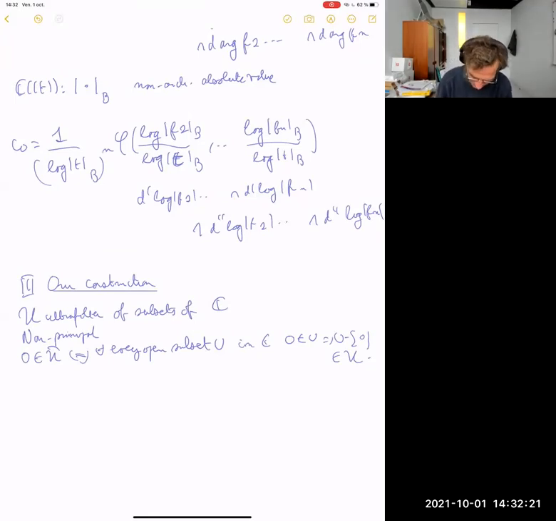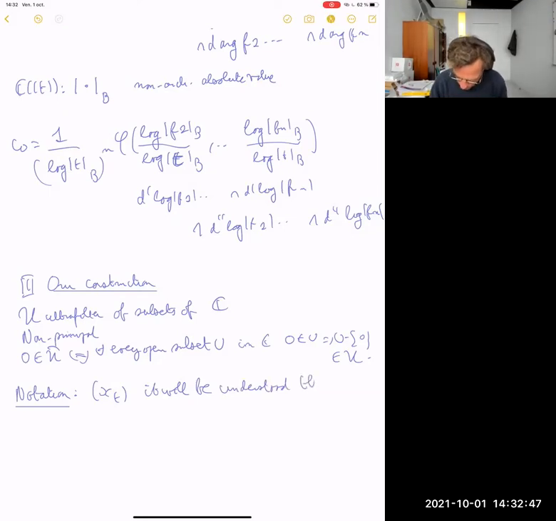This is the idea. By notation, if I take something with t as a parameter, as an index, it will always be understood that t belongs to some subset U of C belonging to the ultrafilter.